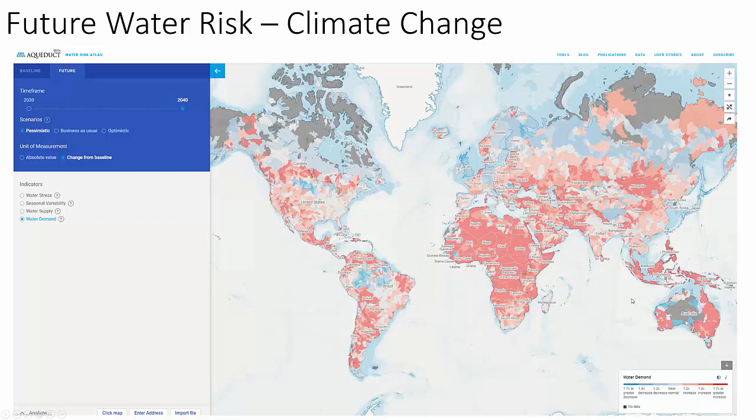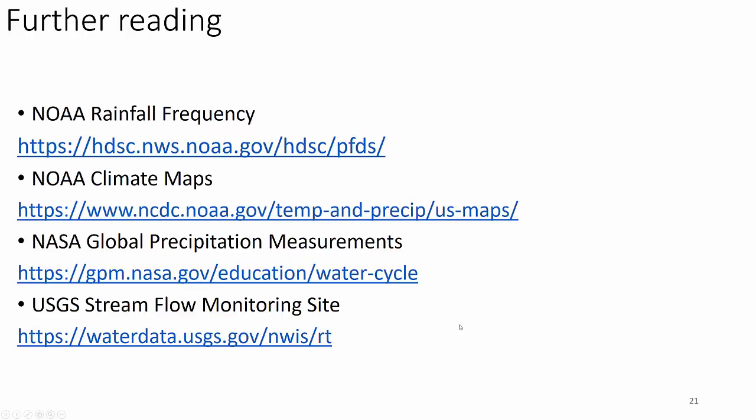So add another billion people on the planet in the next 20 years. And then those folks are going to be more prosperous, and more prosperity means more water demand. So the good news is that people will be more prosperous and there'll be more of us. The bad news is we need more water, and it's going to cause stress. So this is a way to visualize that stress and understand it.